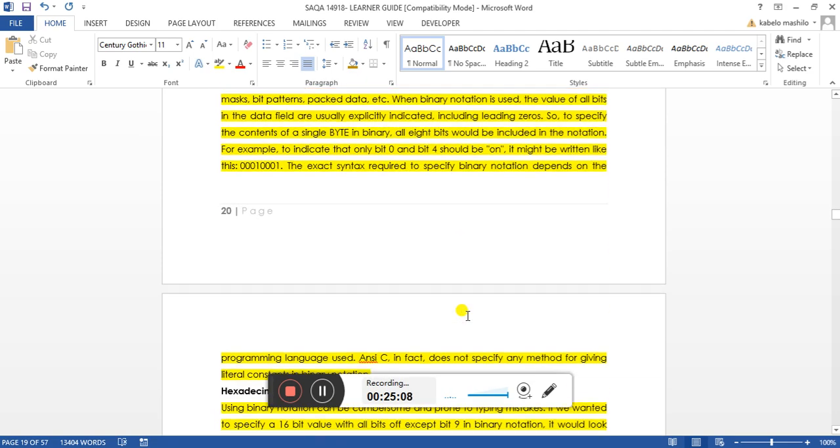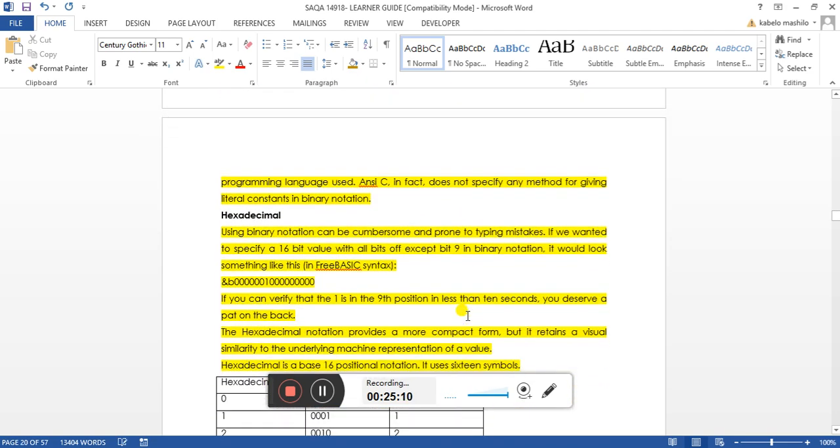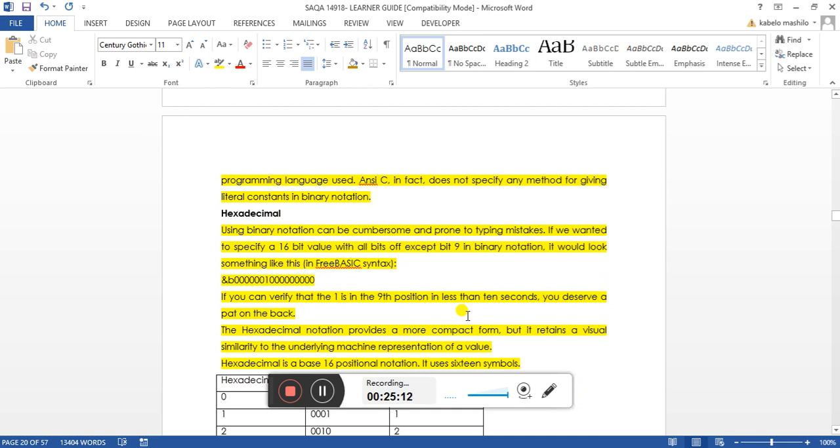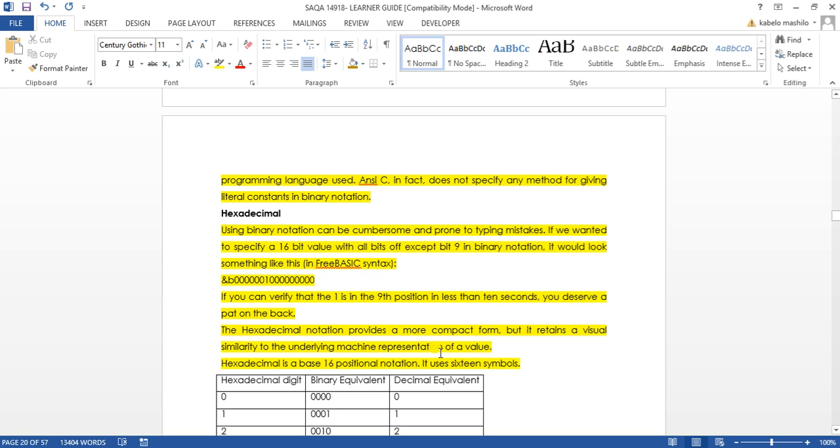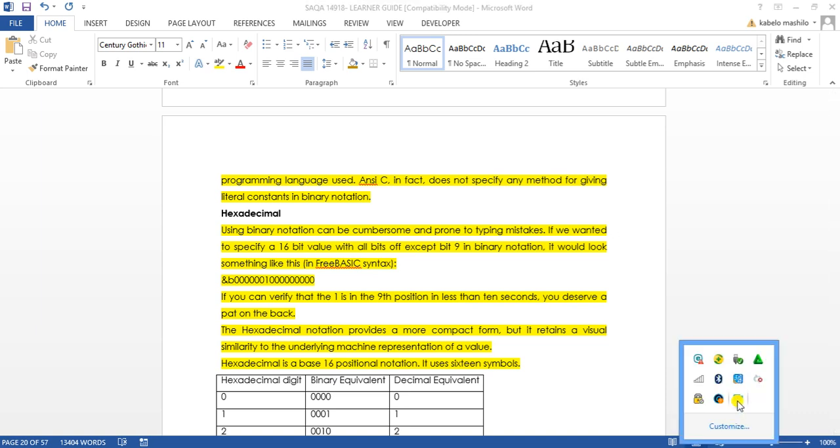So let's move on to another numeric notation, which is the hexadecimal.